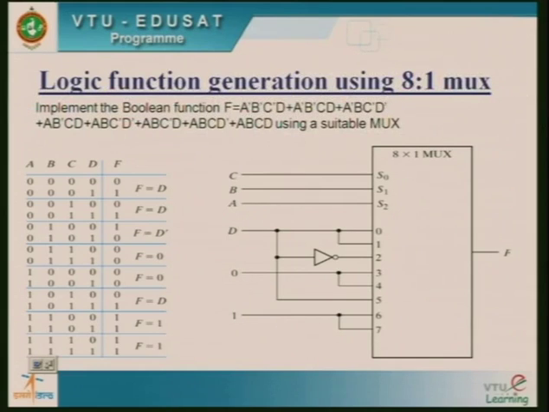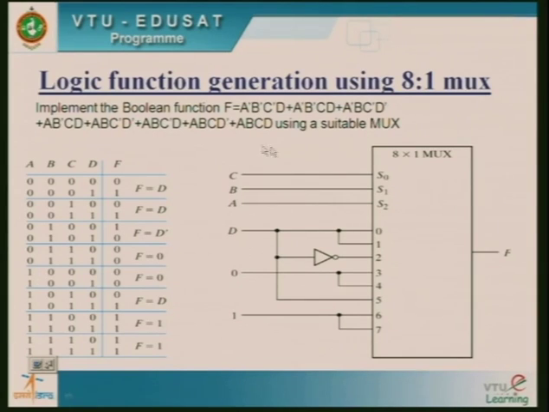So now one more implementation I can generate using an 8:1 mux. So let us take up a Boolean function. We are generating this Boolean function using an 8:1 mux. So you can just see I have taken the equation f where we have these terms.